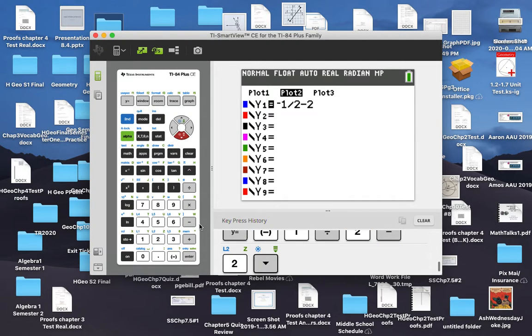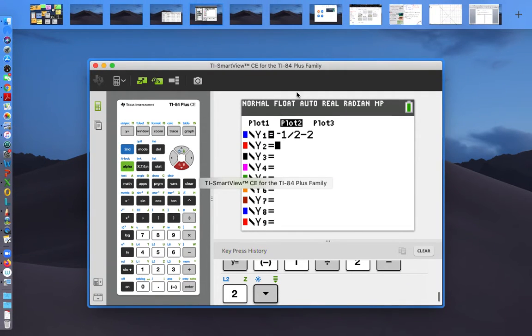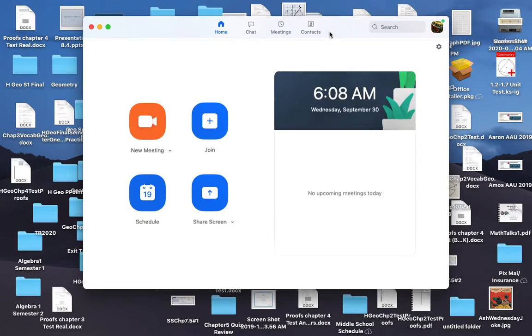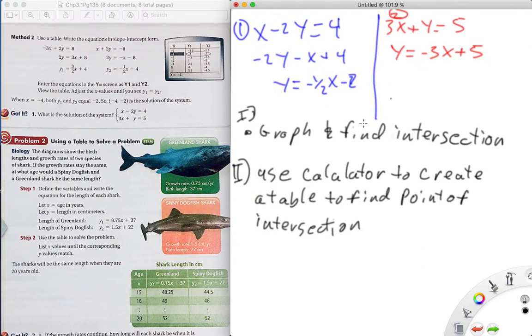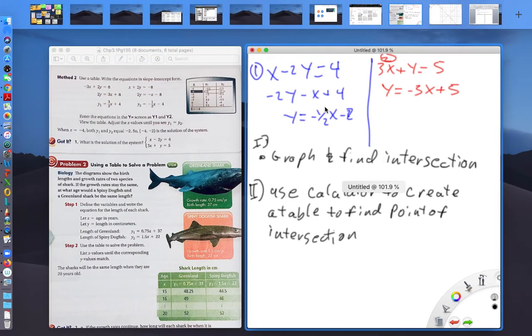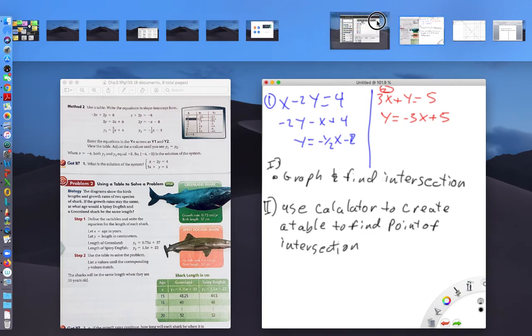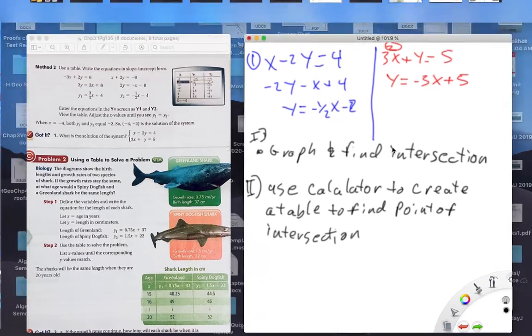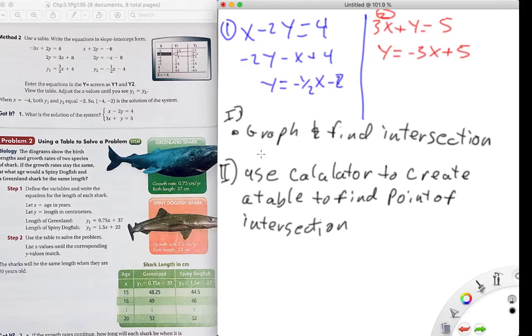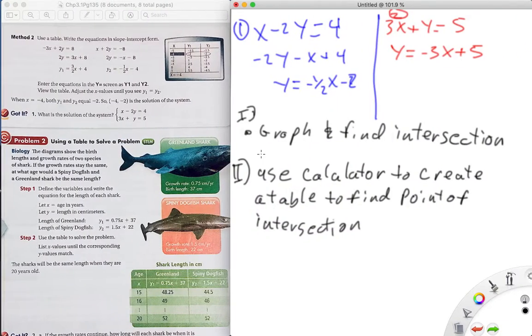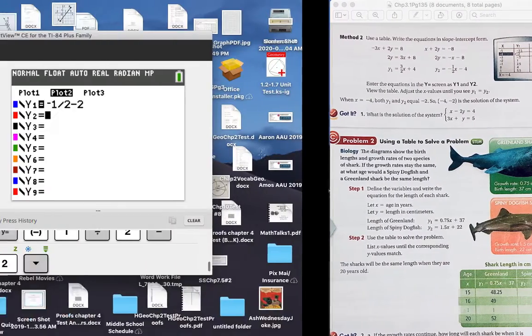And then the second one was -3x plus 5. Here's what I'll do to save me time. -3x plus 5.